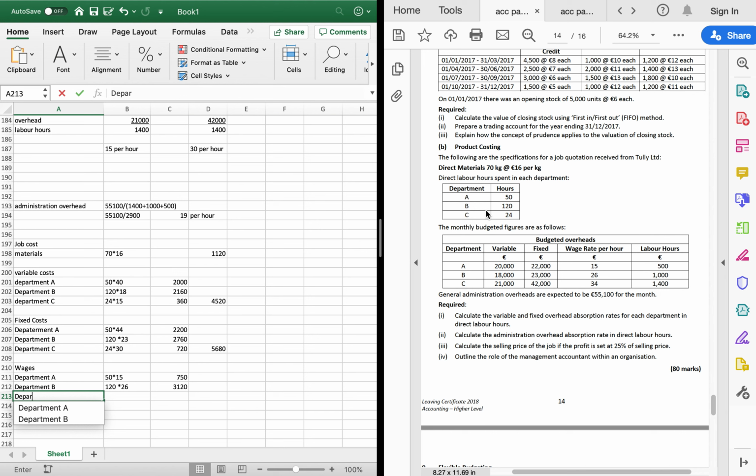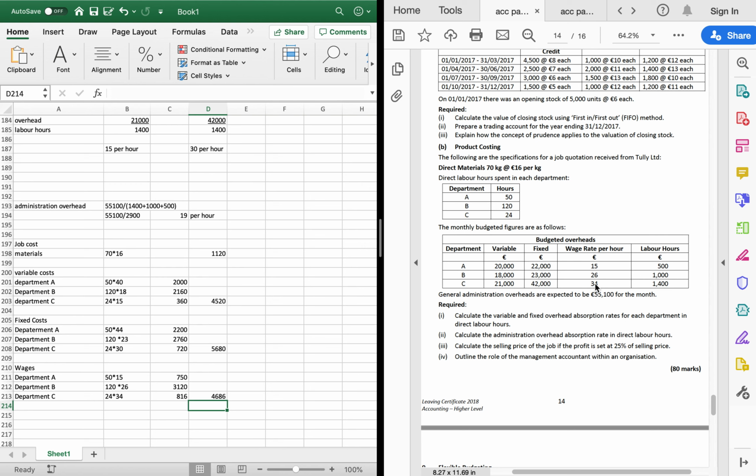And Department C, 24, and the wage rate's 34, so they get paid the highest. So we just add those three together. That gives us your wages, right?